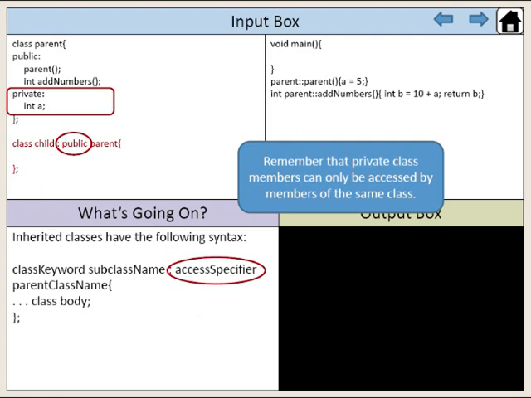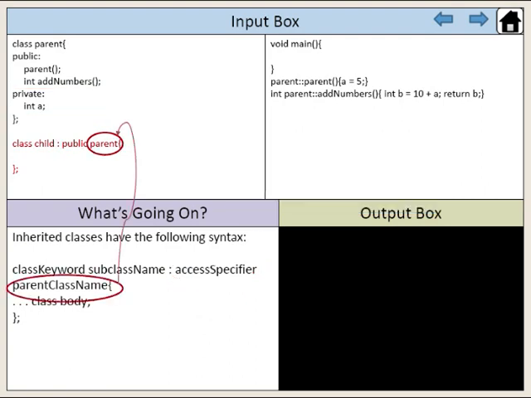Remember that private class members can only be accessed by members of the same class. After the access specifier is the parent class name, followed by the class body.